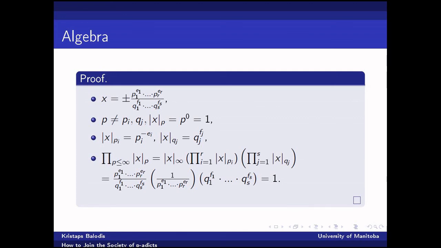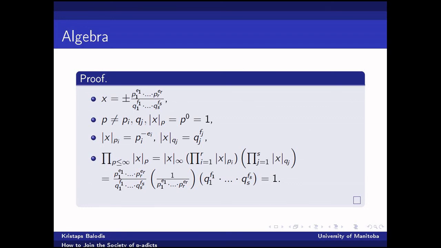Well, we pull the Archimedean, or the Euclidean, absolute value out in front, and since we already saw that almost all the primes are just going to be equal to 1, we're left with these two other products, one ranging over the p sub i, and the other one ranging over the q sub j.